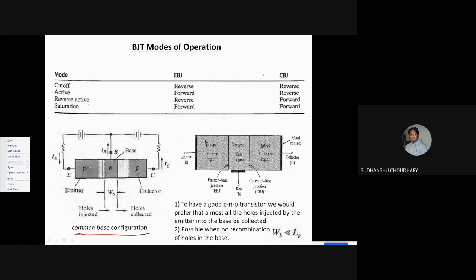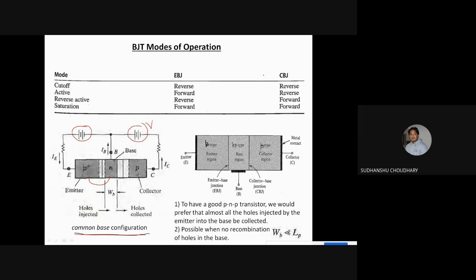Now let us apply a forward bias. This is a forward bias at the emitter base junction, which is a PN junction here. So this is my emitter base junction. Let us apply a forward bias here and a reverse bias here.